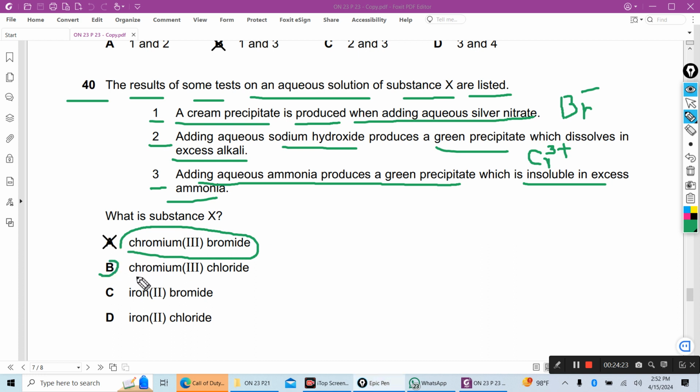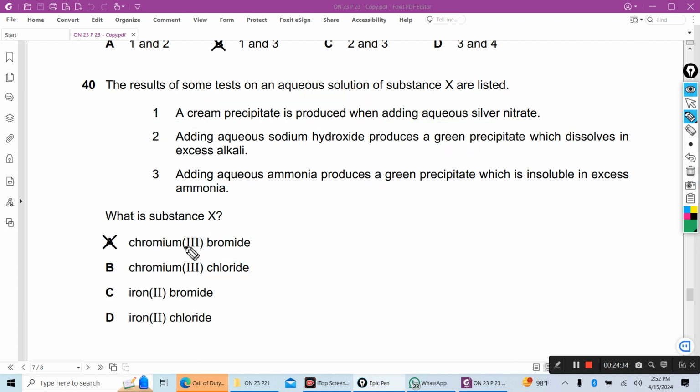But why not chromium chloride? Because here the pale yellow or cream precipitate means bromide ion. So the answer will be A, chromium(III) bromide. Why not iron?